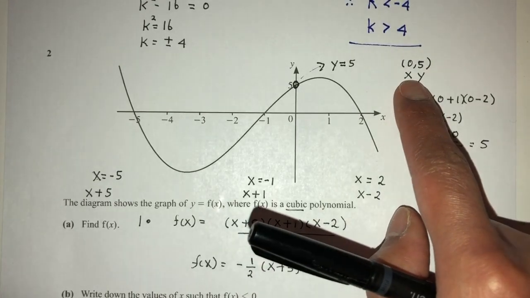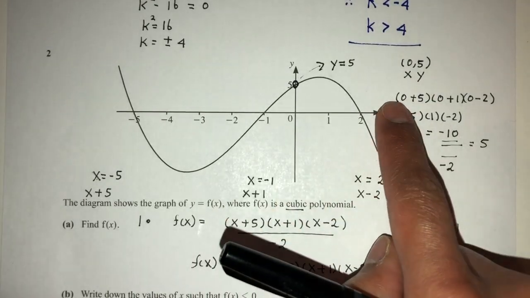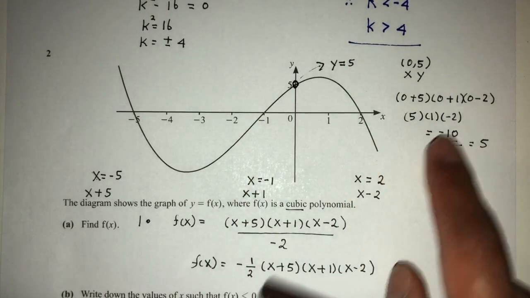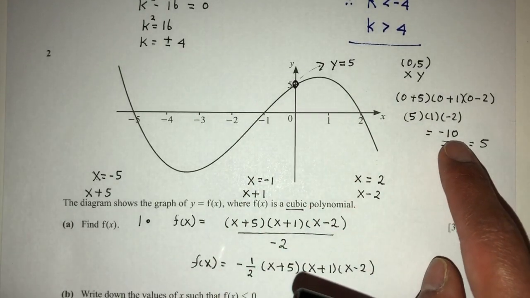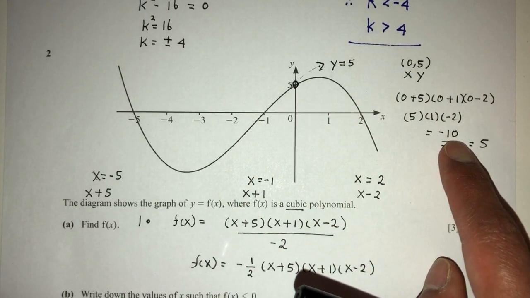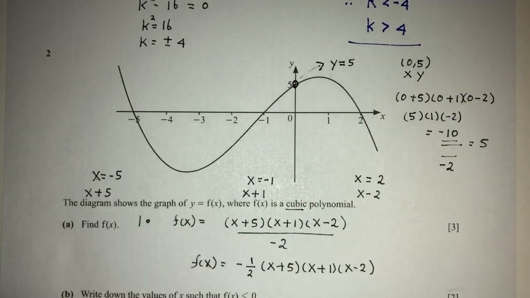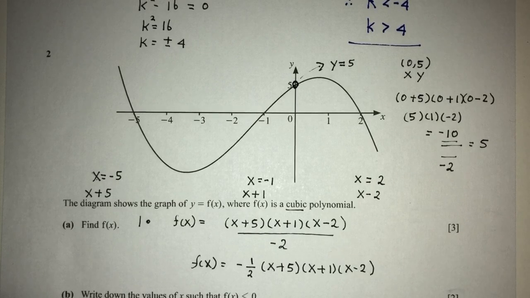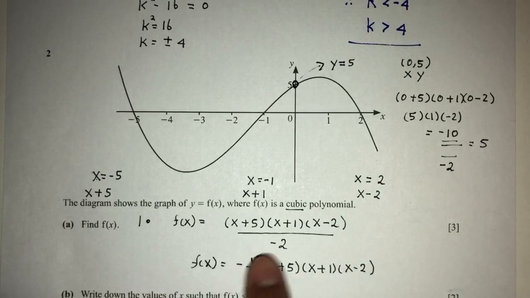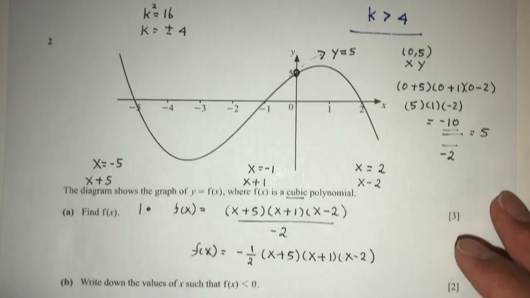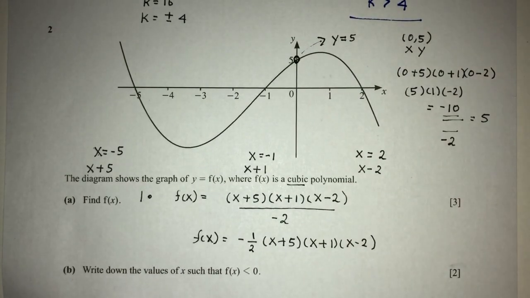We place x equals 0 in the equation, and with that value of x we are getting minus 10. But we actually need the value of 5. So how can you make minus 10 become 5? You have to divide by minus 2. So because of that, we also divide our equation by minus 2. And that's how you get f of x to be this equation.